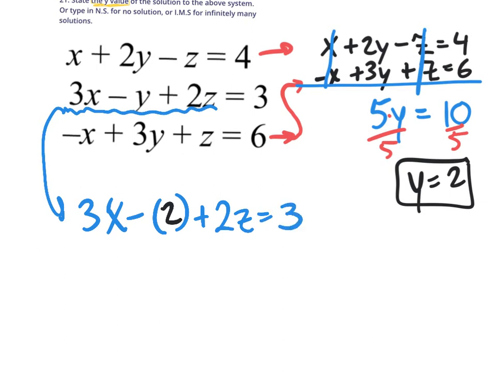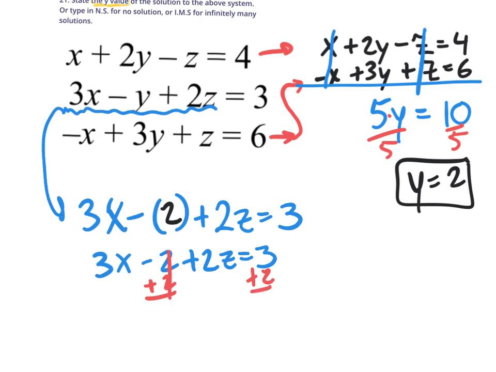So the middle equation is really 3x minus 2 plus 2z equals 3. I don't want the minus 2 there. Let's add 2, add 2. So I will have 3x plus 2z equals 5. Okay. So there's an equation that only has x's and z's.